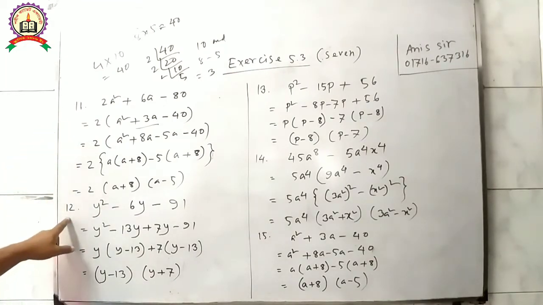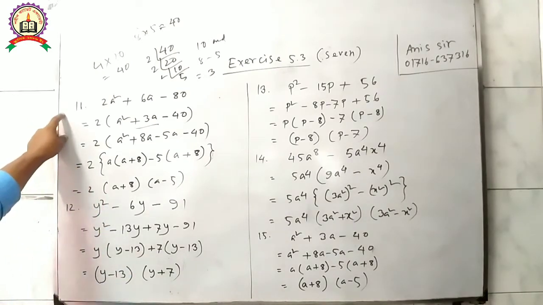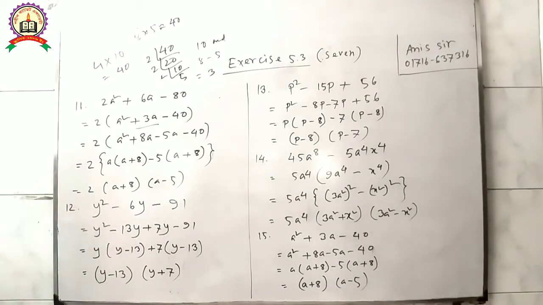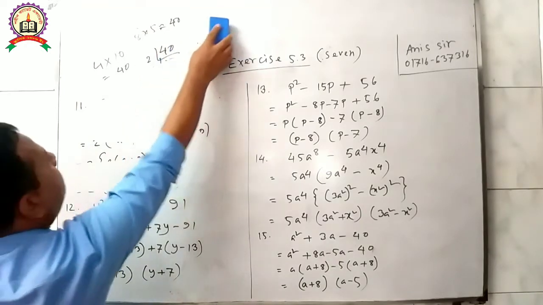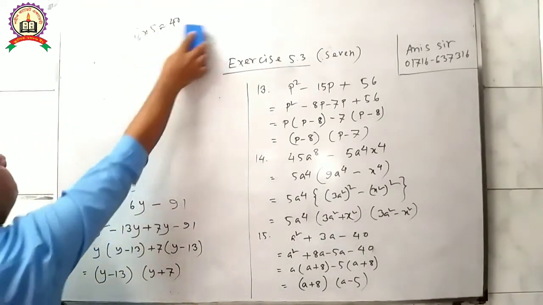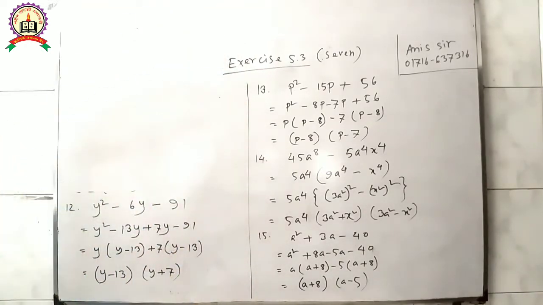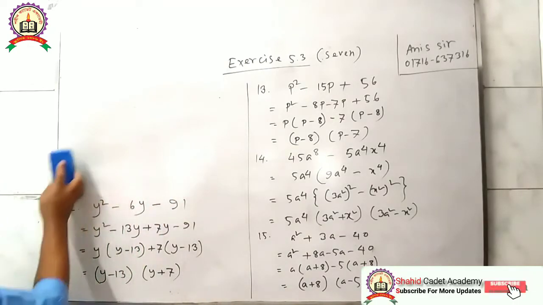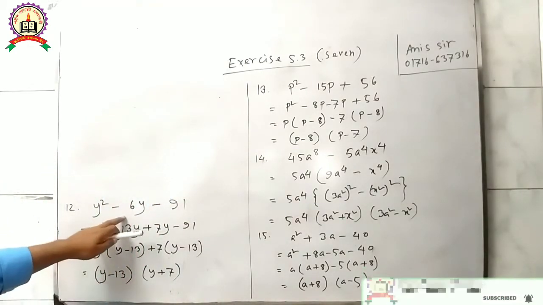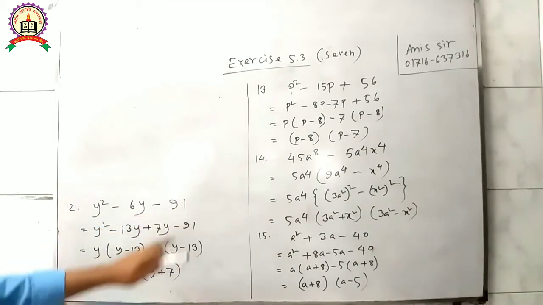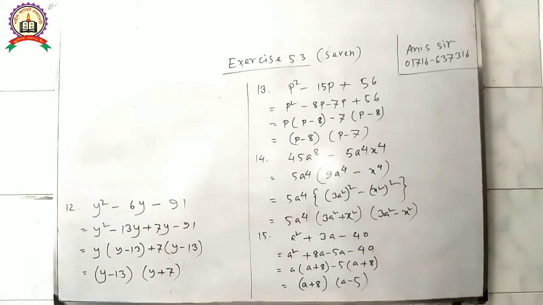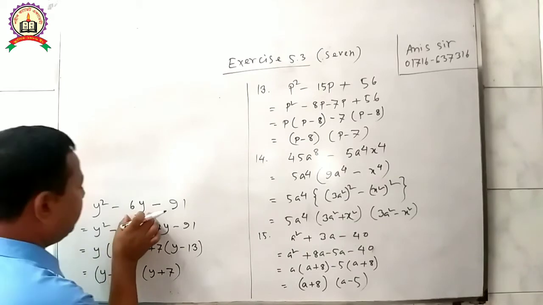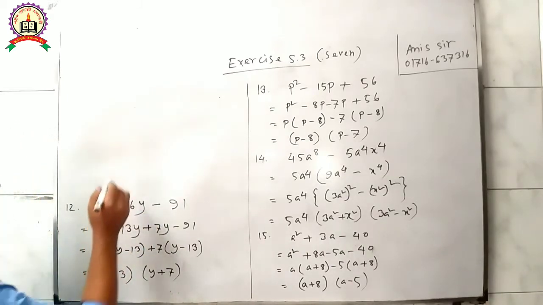Now question number 12, and we have to solve it in the same way as 11. Y square minus 6y minus 91. We have to separate 6y in the previous way.